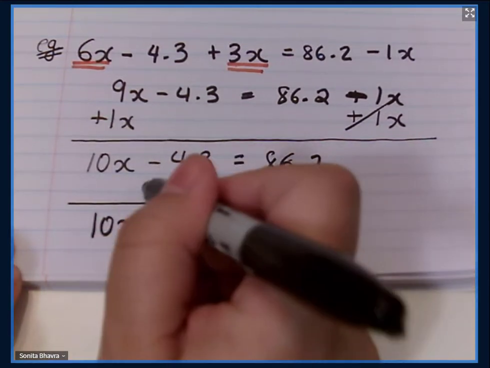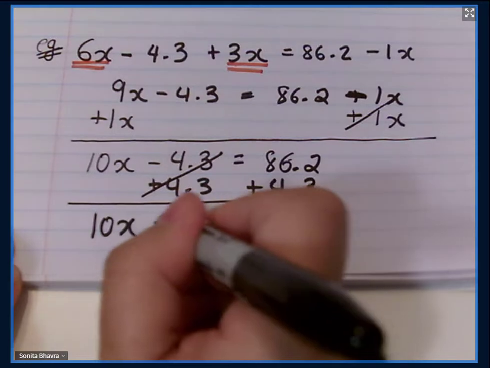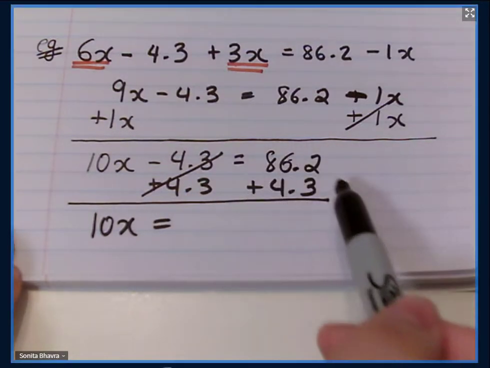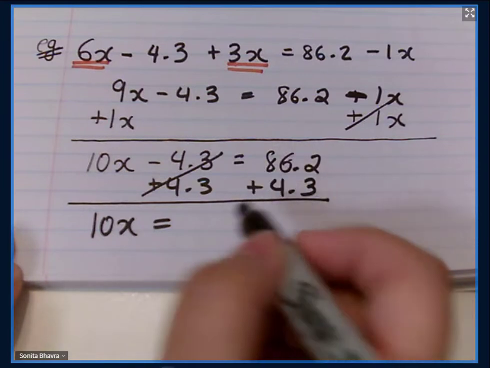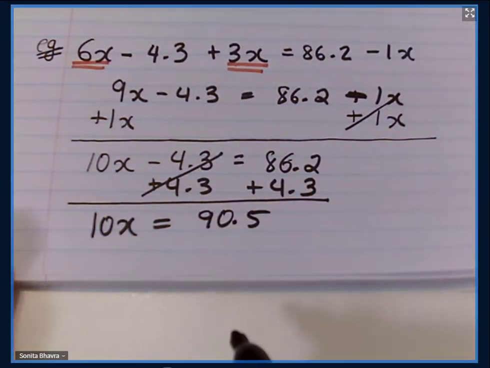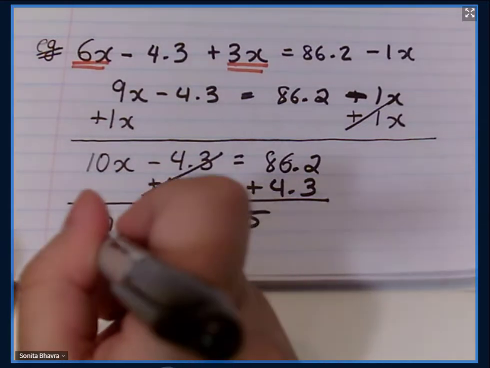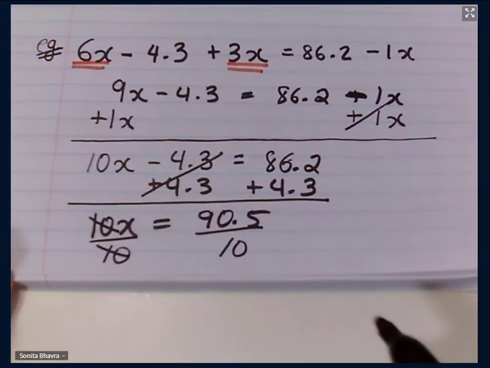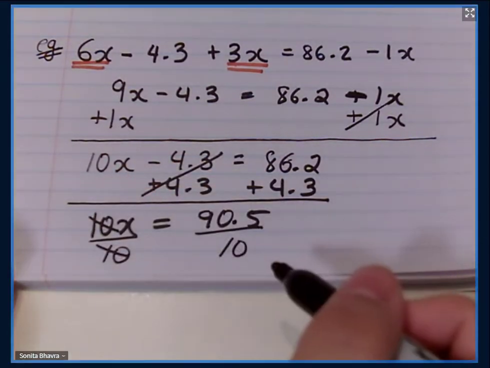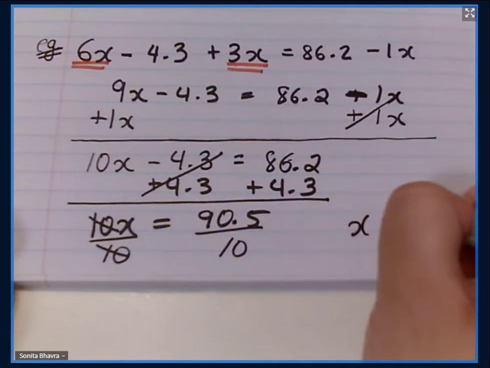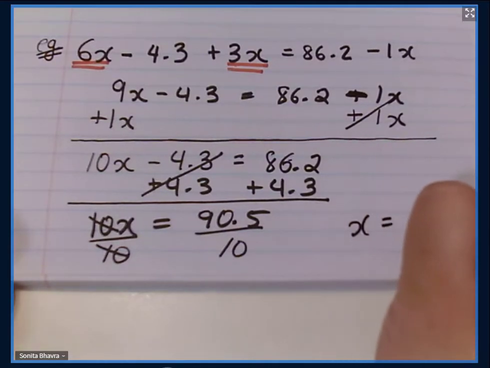Negative 4.3 plus 4.3 is gone. 10x is equal to 86.2 plus 4.3, which is 90.5. And now I just have to divide by 10 on both sides. And 90.5 divided by 10, you can just put that in your calculator, and we get 9.05.